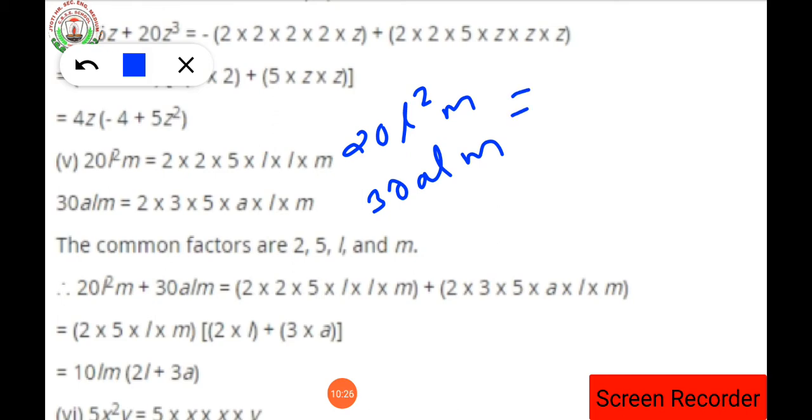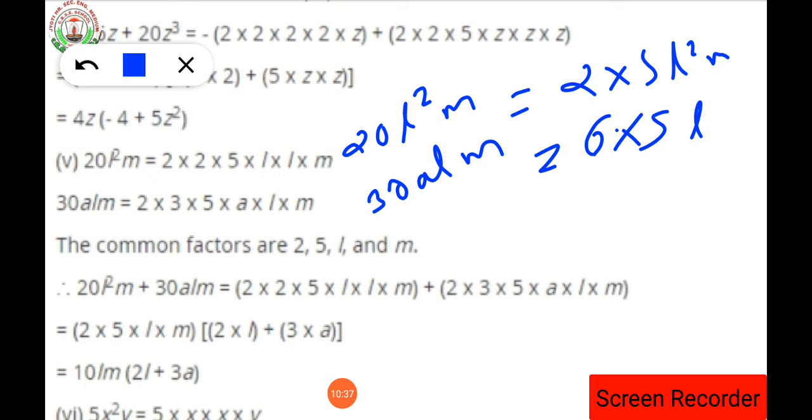So factorize it. It can be written as 2 into 5 L square M. It can be written as 6 into 5 ALM, isn't it? So here 5 can be taken common, L can be taken common, and M can be taken common, isn't it? When we are going to take the common, what is the number left out?